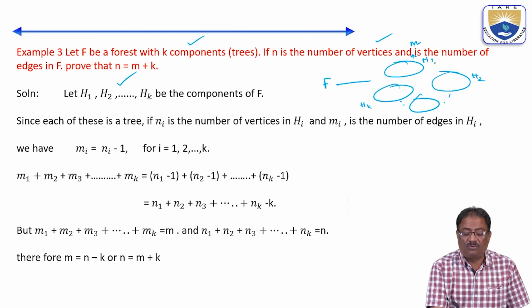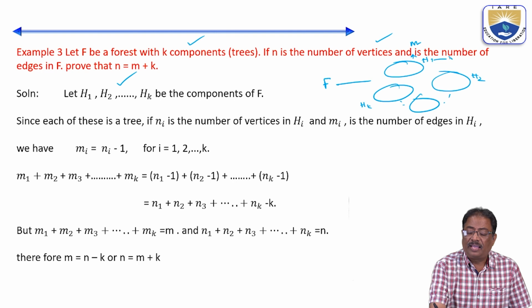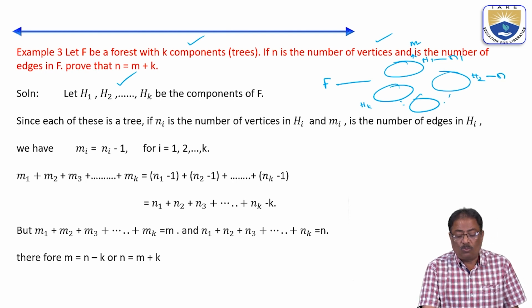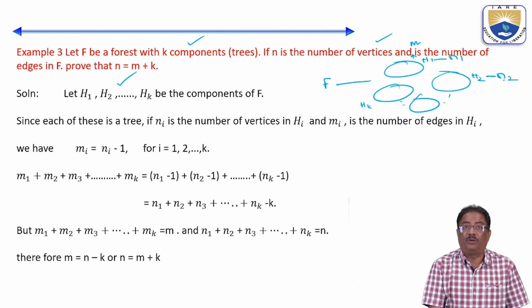Each component will have some vertices and some edges. Let us say H1 has n1 vertices, H2 has n2 vertices, and so on.